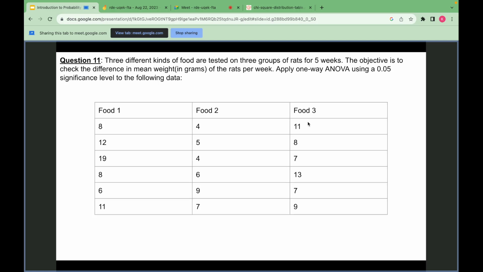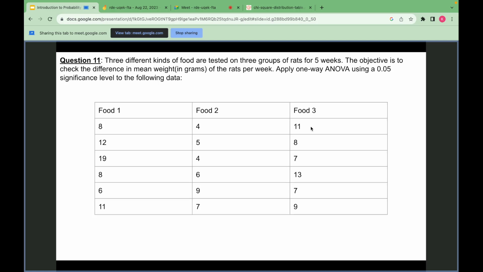Okay, so here our null hypothesis will be that the means of all these samples are equal, and the alternative hypothesis is that at least one pair, either food 1 and food 2, food 2 and food 3, or food 1 and food 3, has different means.